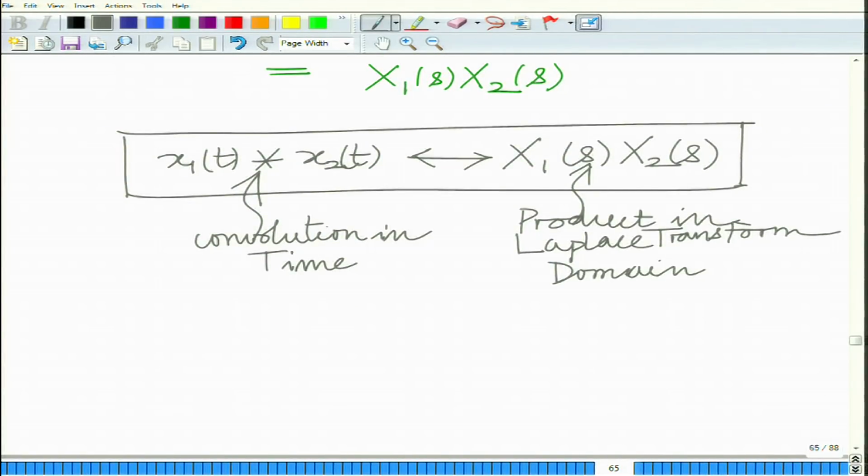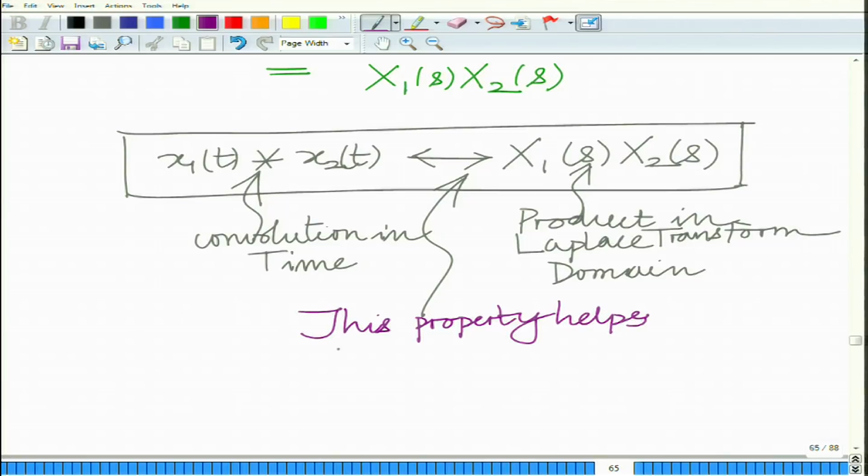What it does is it helps easily evaluate the convolution between two signals.